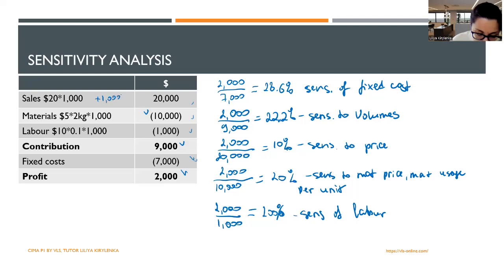So if they increase by 5%, then my profit will increase by 1,000 as well. So it's going to be 3,000. Okay. And if my profit is 3,000, then actually I will see that my profit has increased by 50%.